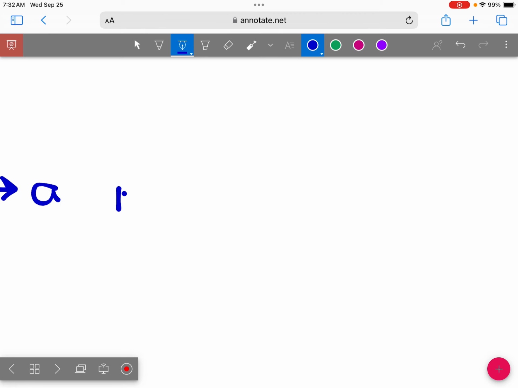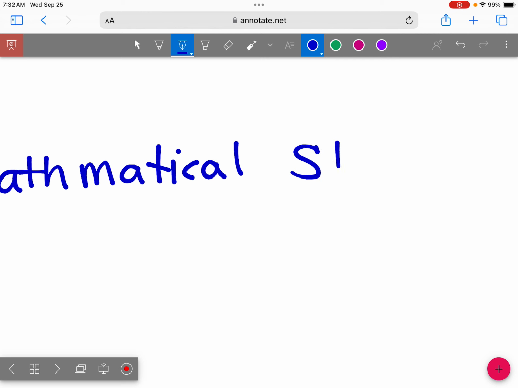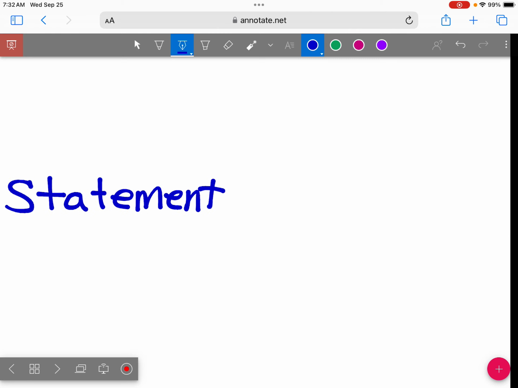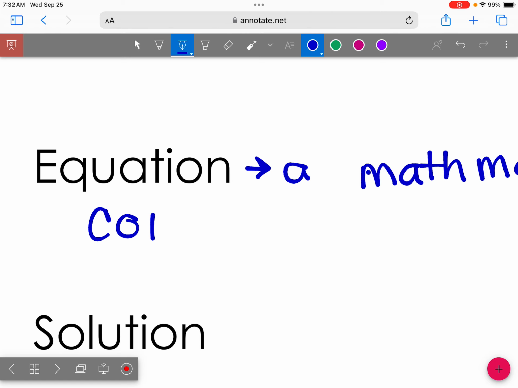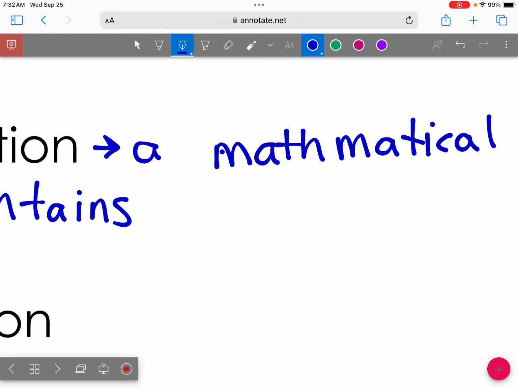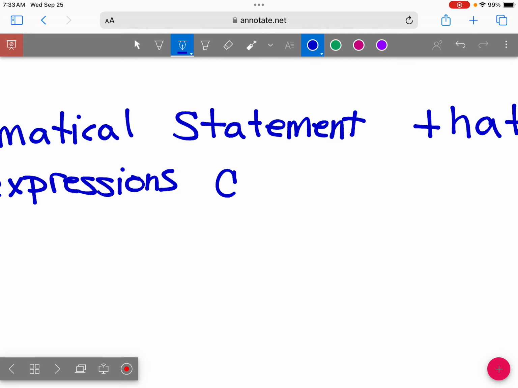a mathematical statement that contains two expressions connected with an equal sign.